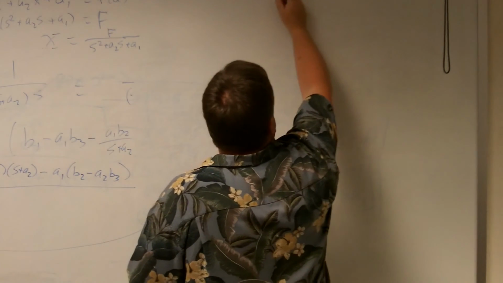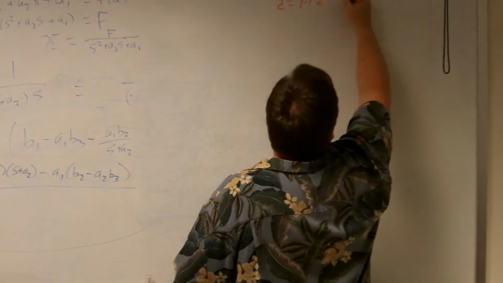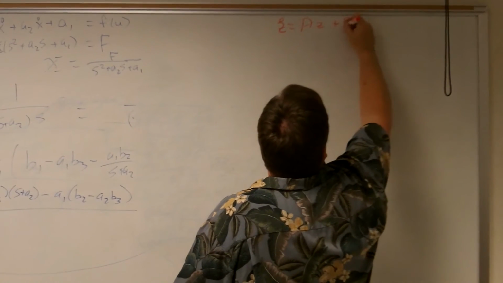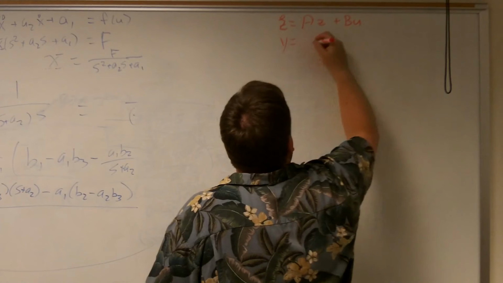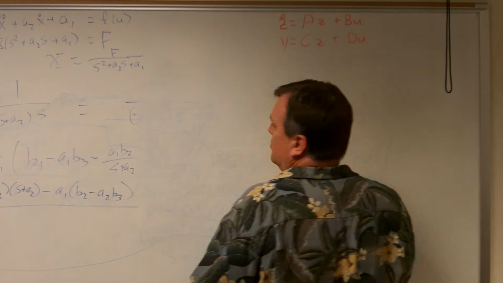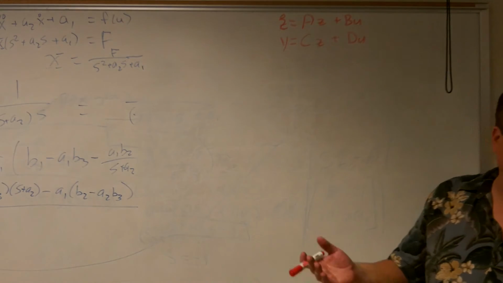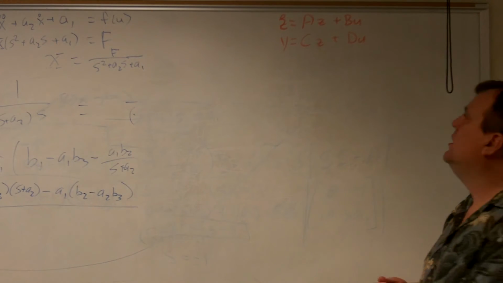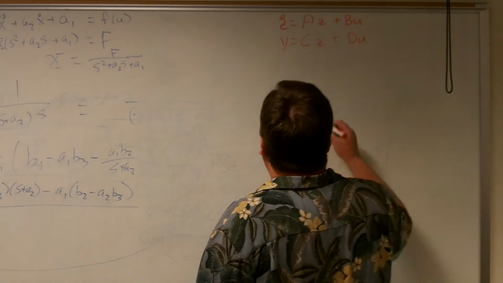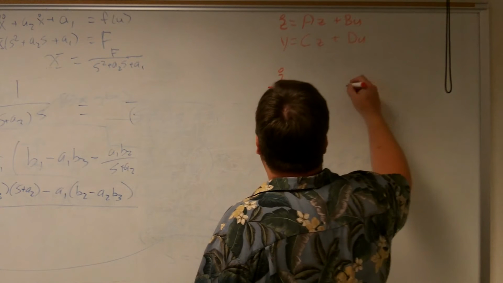So our equation that we're trying to do is z dot equals Az plus Bu, and y is equal to Cz plus Du, where these are now vectors. It's just a whole bunch of lines in parallel. So imagine for a sec, I've got z dot, but I also need to have z.